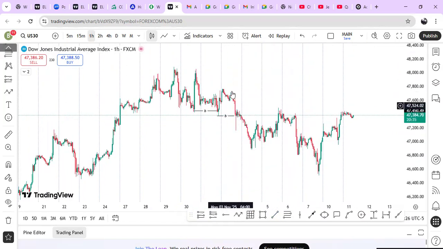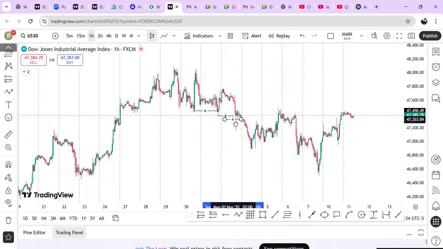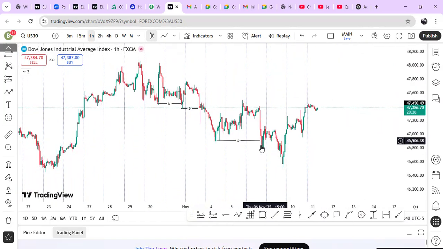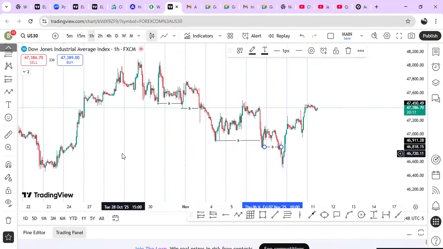The market corrects again above. This is another break of structure here. The market impulses again, correction, impulse, closes below. This is another break of structure.